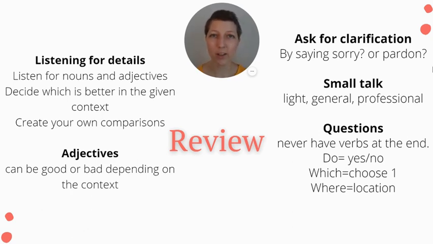Where is requesting a location answer. When listening for details, listen for nouns and adjectives. Decide which is better in the given context, and create your own comparisons. Last, adjectives can be good or bad depending on the context, and then there's a general list of good adjectives and bad adjectives, no matter what the context is.